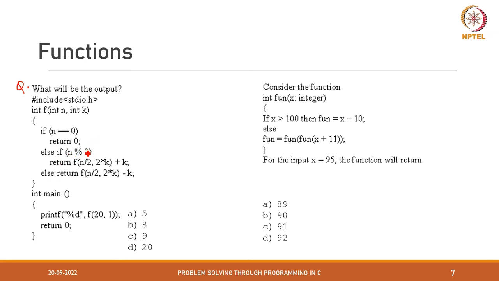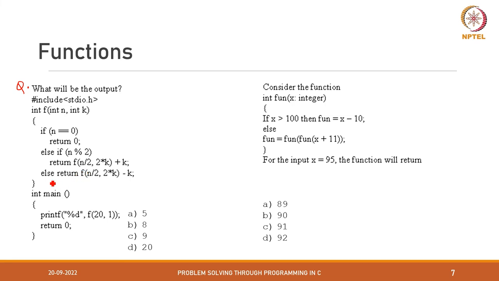This particular condition will become true when there is a remainder, right? So when there is a remainder, in a way you can say it is an odd number. When n is an odd number, only then this will be 1, and hence it will be true. And then it will return this particular value. Else it will return this particular value for all other cases.